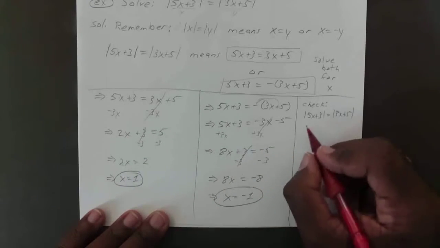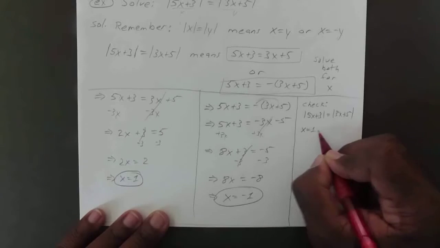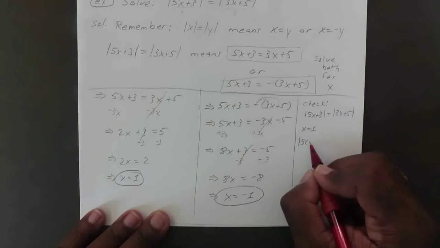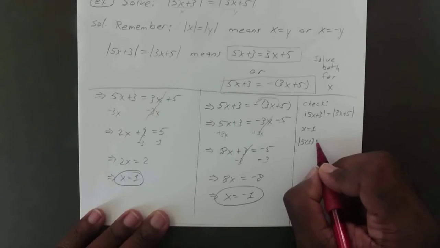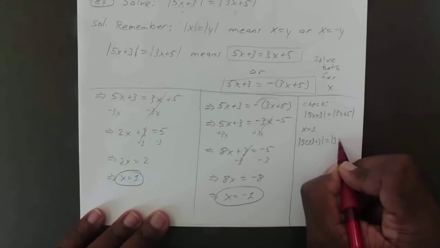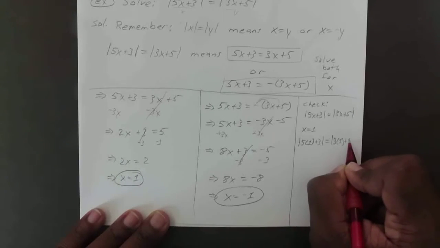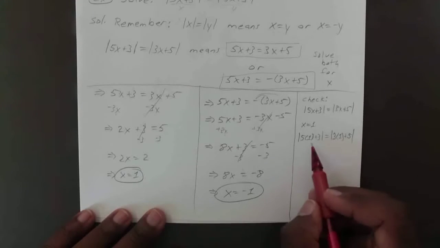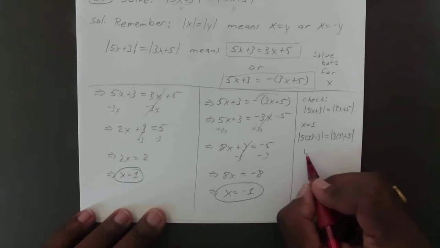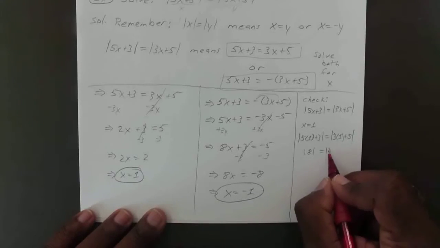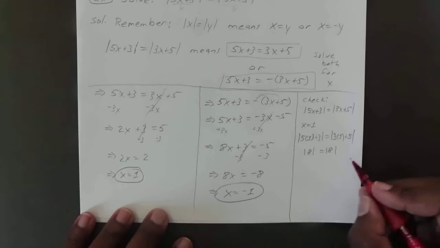So if we let x equal 1, that gives us the absolute value of 5 times 1 plus 3 equals the absolute value of 3 times 1 plus 5. So 5 plus 3 is 8. So the absolute value of 8 equals 3 plus 5, the absolute value of 8. So we know that one's true.